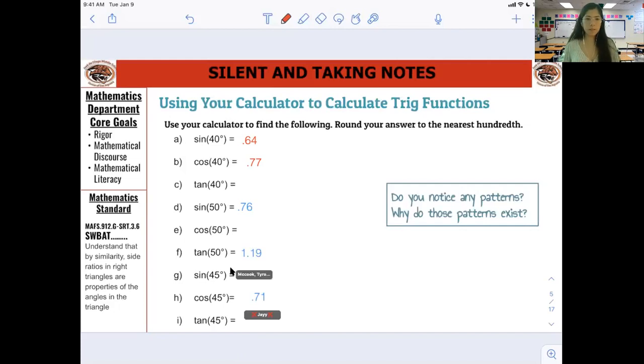Keep it going. All right, just missing a couple more.